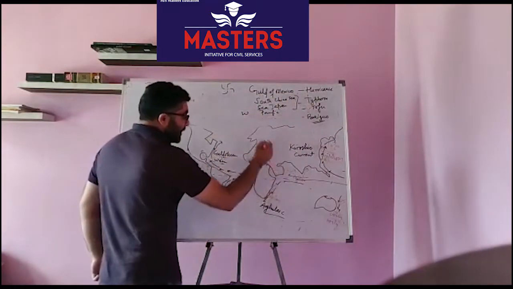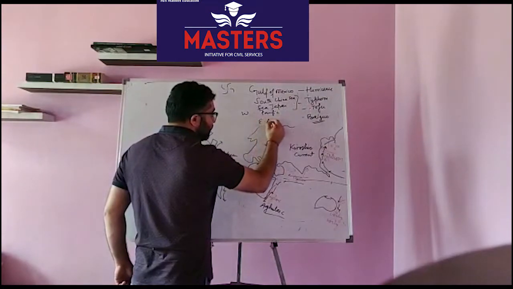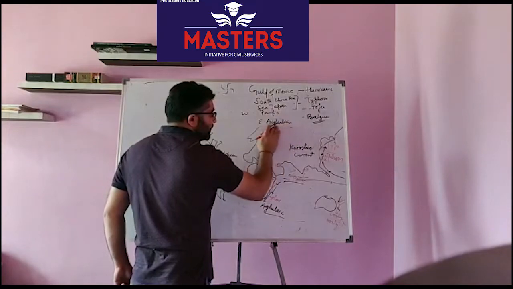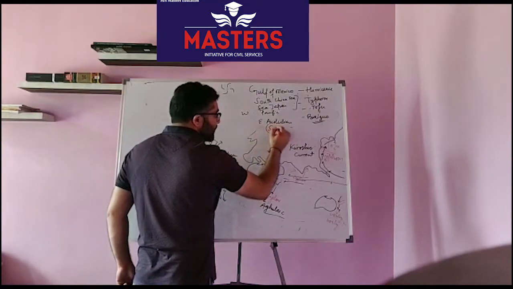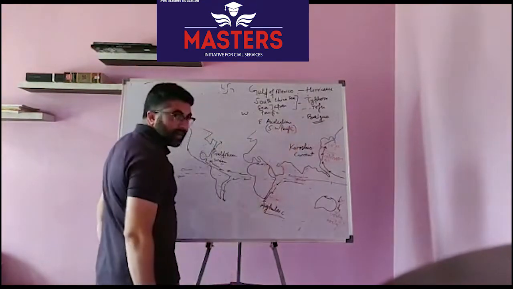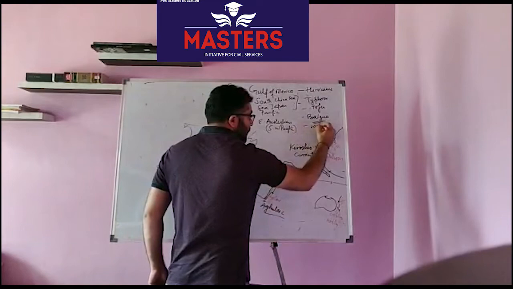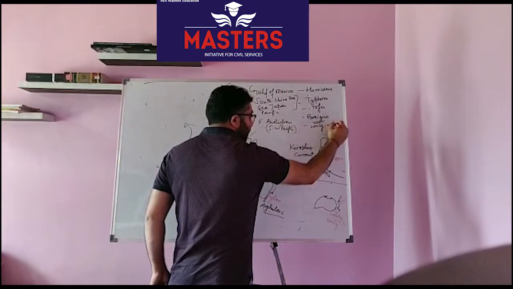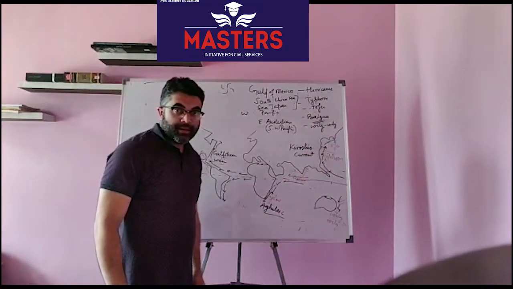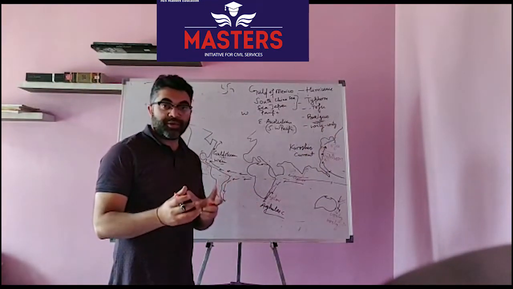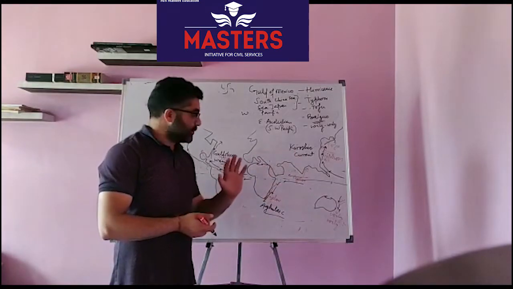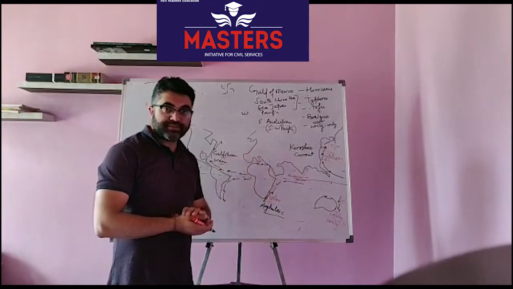Another region is Eastern Australia, or the Southwestern Pacific, where it is named Willy Willy. So I hope you can relate warm ocean currents to these cyclones, and why cyclones or hurricanes are prominent in these regions.